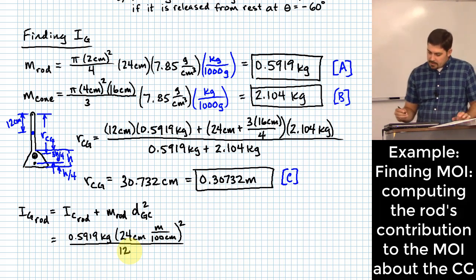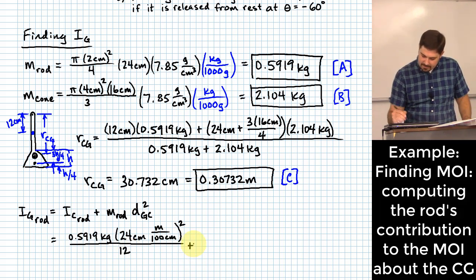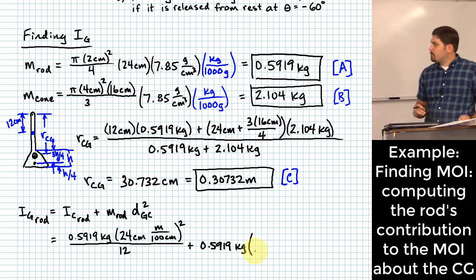Okay, so what I need to do then is add to this the mass of the rod multiplied by the distance between these two axes. Okay, and here's how I view that.